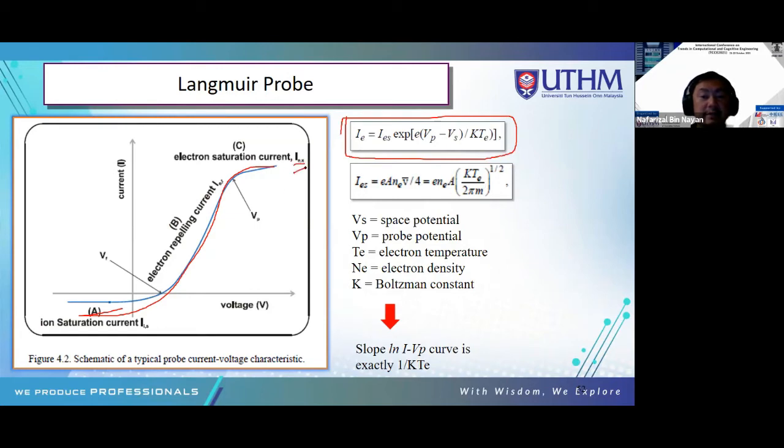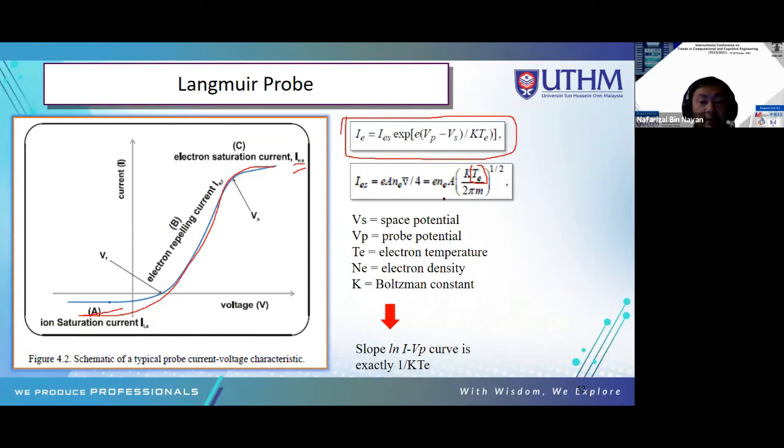From I_ES, we can get the value of the electron temperature, Te here, because the other parameters are actually fixed. For example, A is the surface area of the probe, M is the mass of the electron, and 2 pi, and Ne is the density of the electron.